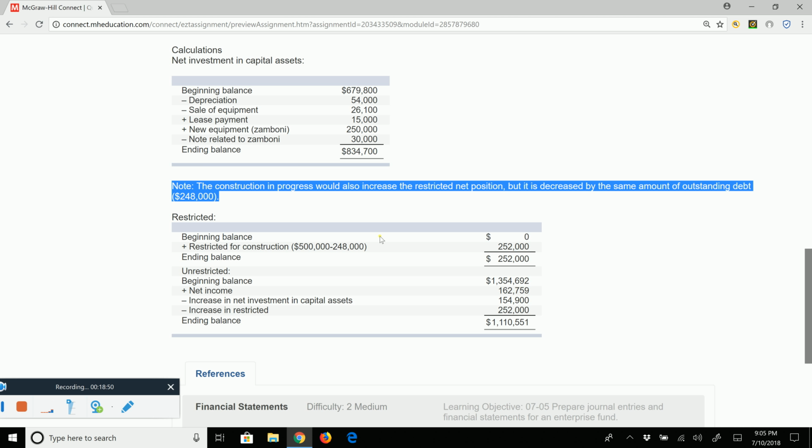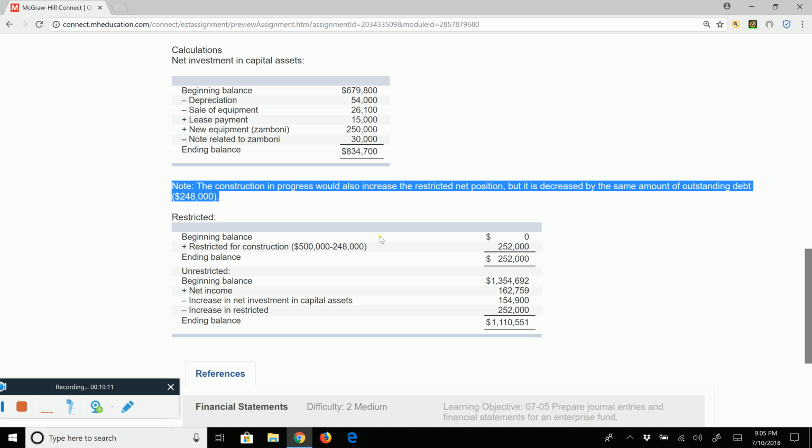But we have to take this one step further before we drop it. Now, the original $500,000 bond was restricted. It wasn't yet connected, when we entered into it, to the fixed asset. But now $248,000 of it is.